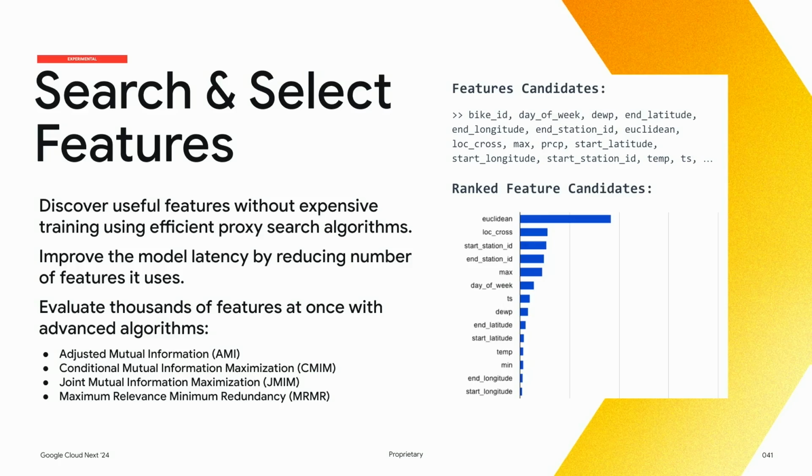Next, let's talk about feature search and selection. There's a whole body of research talking about using proxy models to evaluate if your data is useful for a particular model. Probably everybody used correlation at some point as a very crude proxy for whether a particular piece of data can be useful for a model. Now, feature search is kind of like correlation, just much, much better.